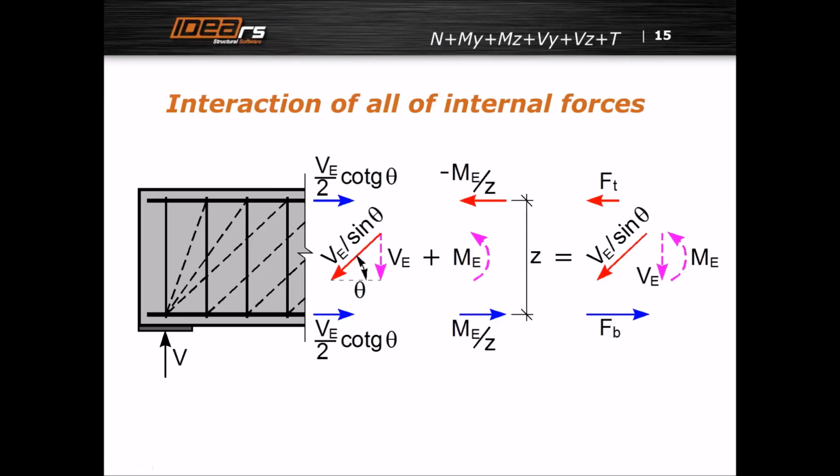And now we come to the interaction of internal forces. You see the explanatory picture, which is very simple, and it explains that the forces which we get from flexure and the forces in longitudinal reinforcement which we get from shear analysis, shear design, we can simply add and check.